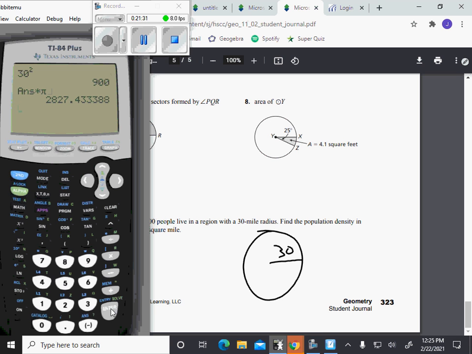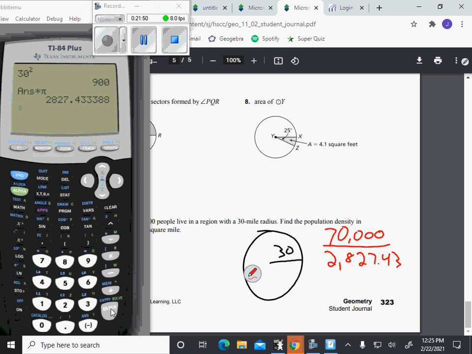Okay? So we're saying that 70,000 people live in a town, or a region, with a 30-mile radius, that has an area of 2,827.43.